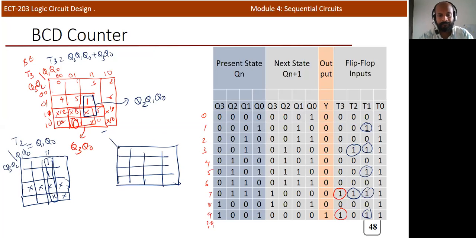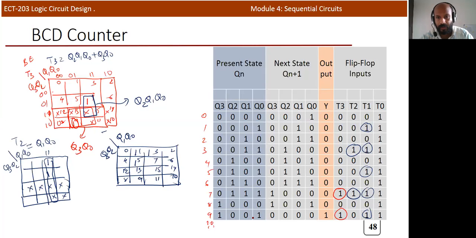Okay, this is Q3 and Q2, Q1, Q0, and this is 0, 1, 2, 3, 4, 5, 6, 7, 8, 9, 10, 11, 12, 13, 14, and 15. So if you observe this, 1 is there. 1 we need to indicate, 3 we need to indicate, 5, and I think actually this mistake is not in the K-map.